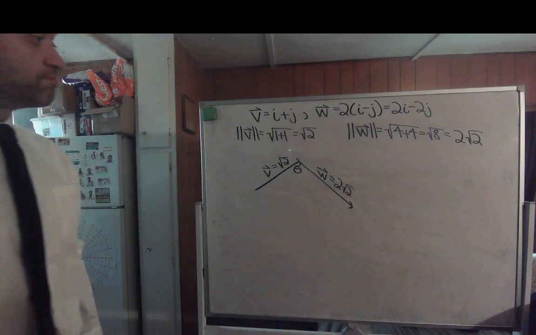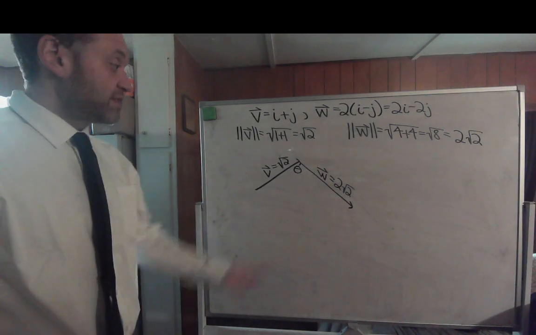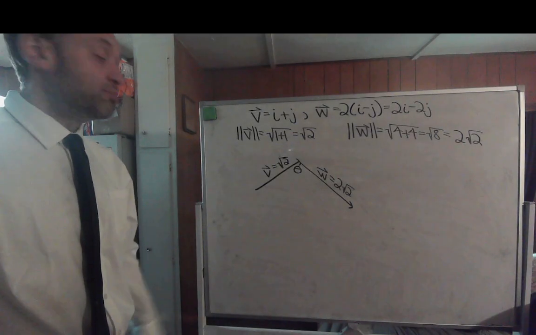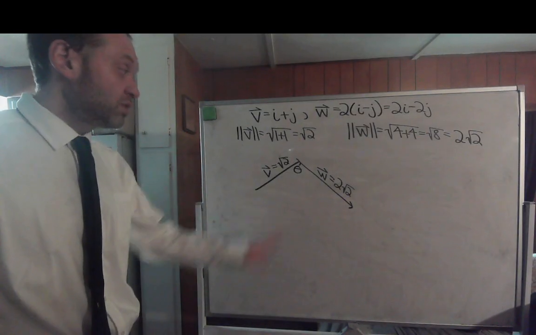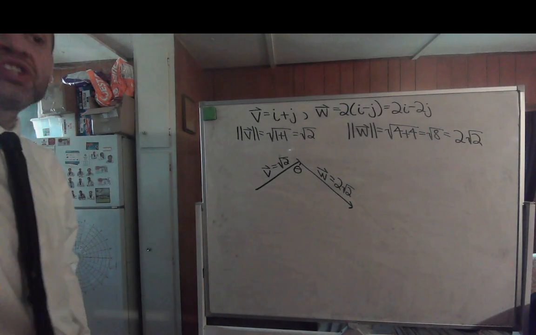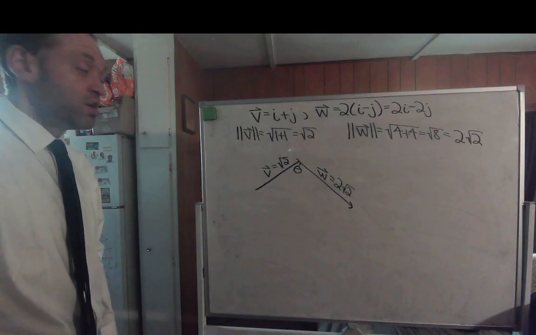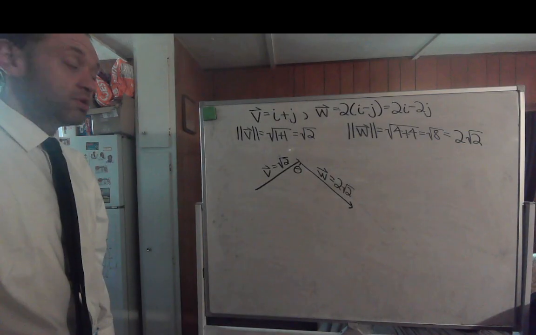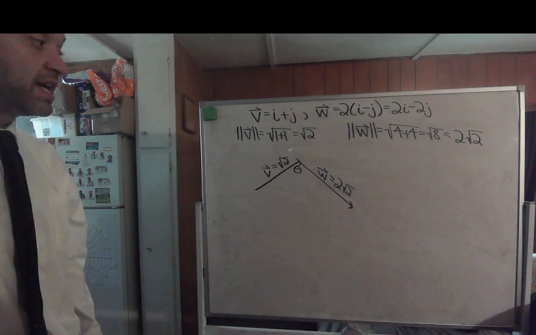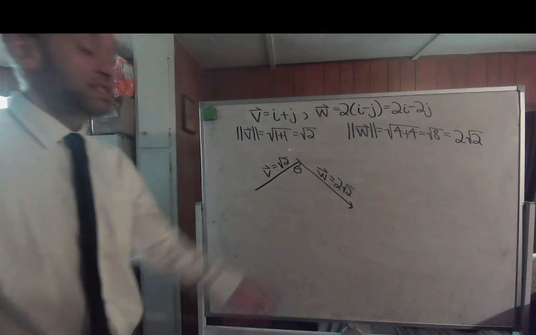Well, it looks like we have a side angle side triangle minus a third side. And in that case, we could apply the law of cosines to find this angle. There's just one problem. We don't know the length of the third side. Well, that's where you're going to simply add vectors v plus w.